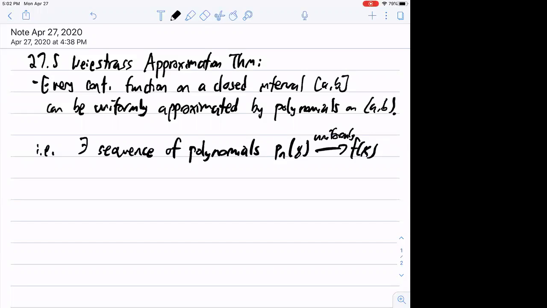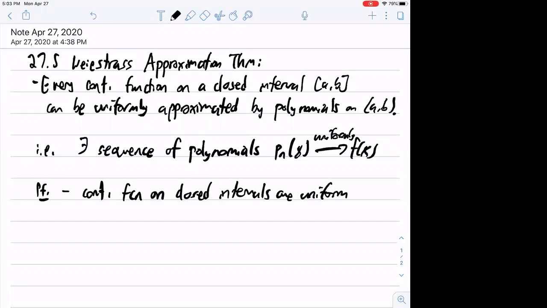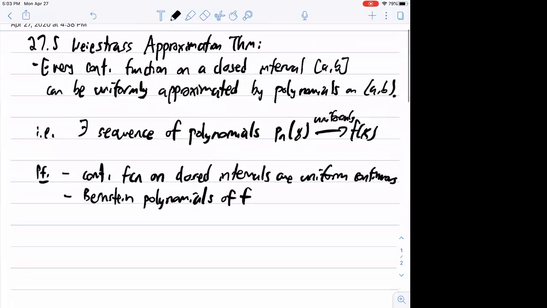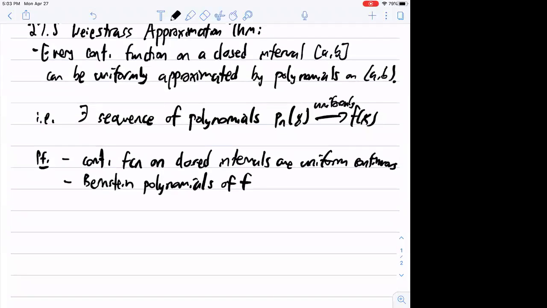And the proof, I guess, uses that, at least if I recall correctly. And it uses Bernstein polynomials, which are just special polynomials that approximate f. I don't think you need to know the proof, but at least know what Bernstein polynomials are.